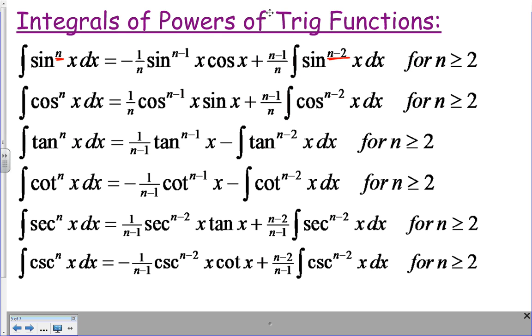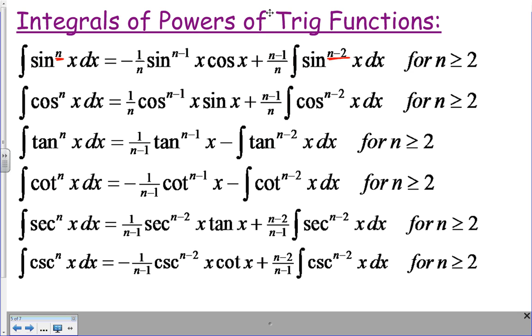And then finally, for secant and cosecant, the integral of secant to the nth of x dx is equal to 1 over n minus 1, secant to the n minus 2 of x, tangent of x, and then plus n minus 2 over n minus 1 times the integral of secant to the n minus 2 of x dx. And that's for n greater than or equal to 2.